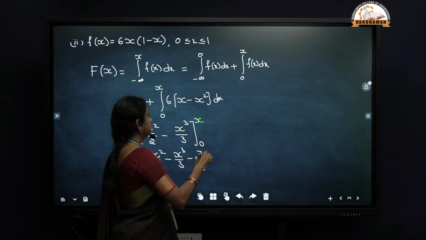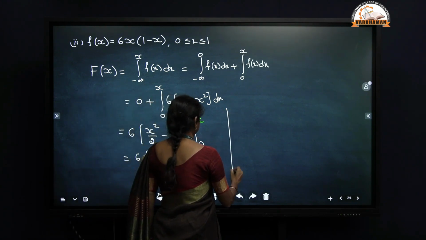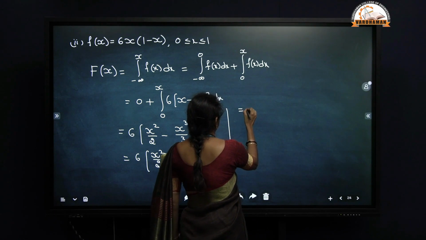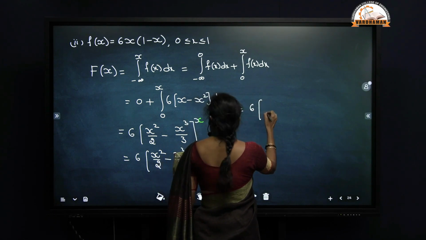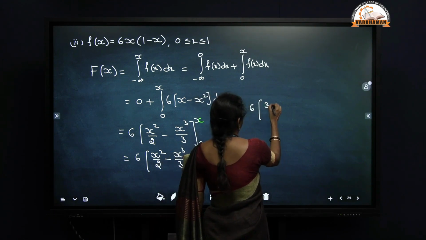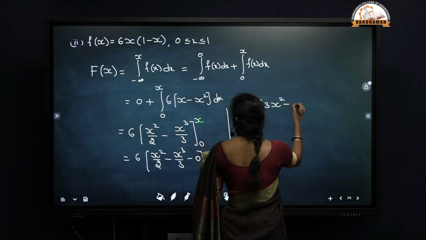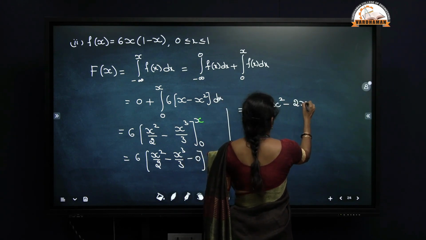So this function is equal to 6 of (3x square minus 2x cube) by 6.